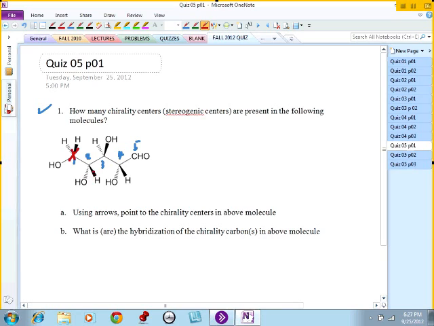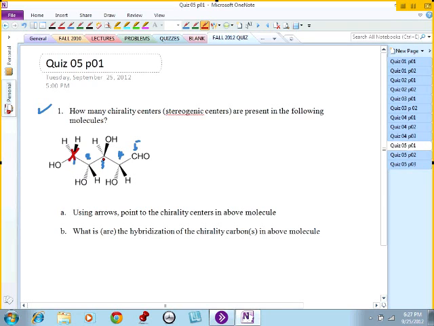That is good. About 2. 2? Why not? What is the definition of a chirality center? It is any carbon atom or any center that is attached to 4 different atoms or 4 different groups, right?